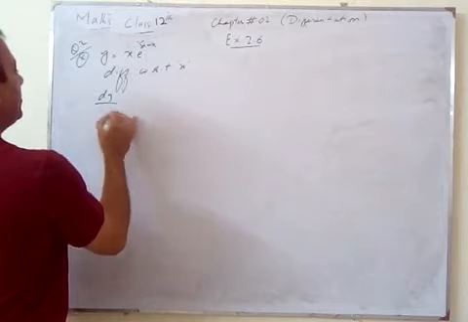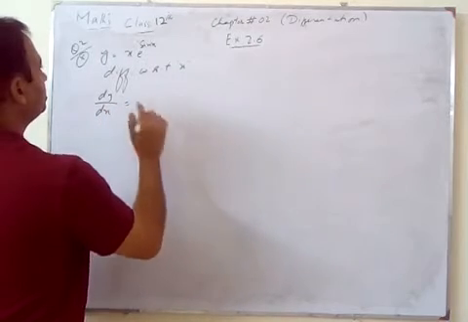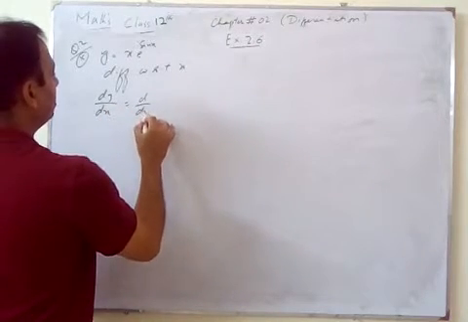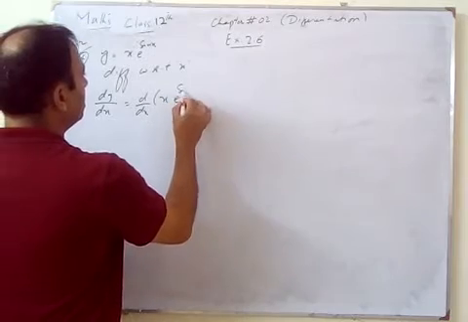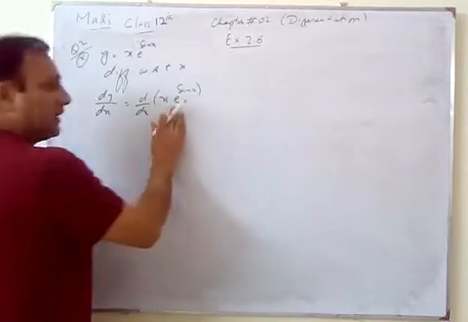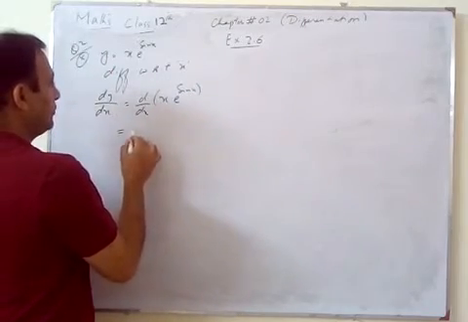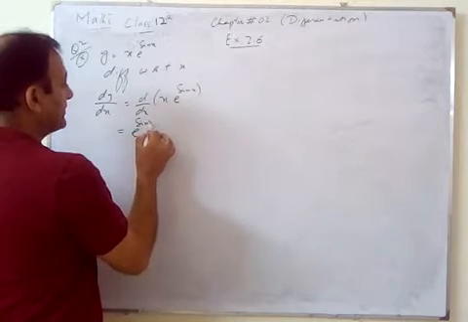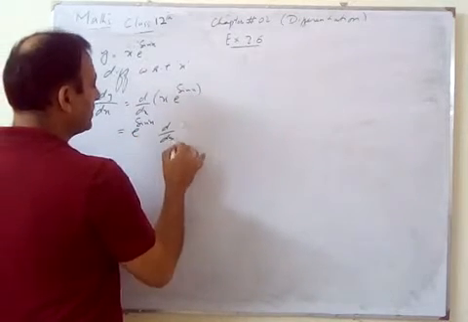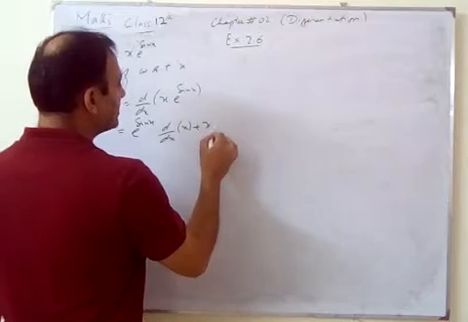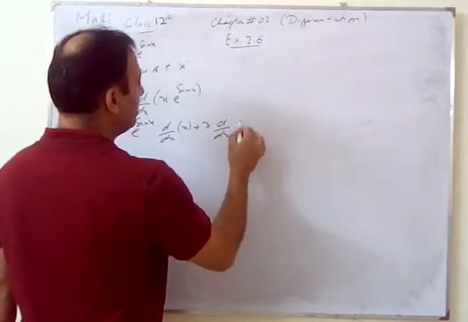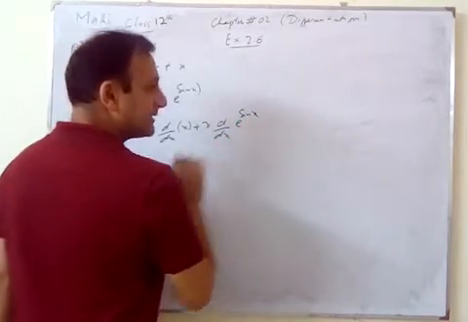So dy by dx is equal to the derivative of x e power sin x. Product formula: e power sin x into the derivative of x plus x into the derivative of e power sin x.